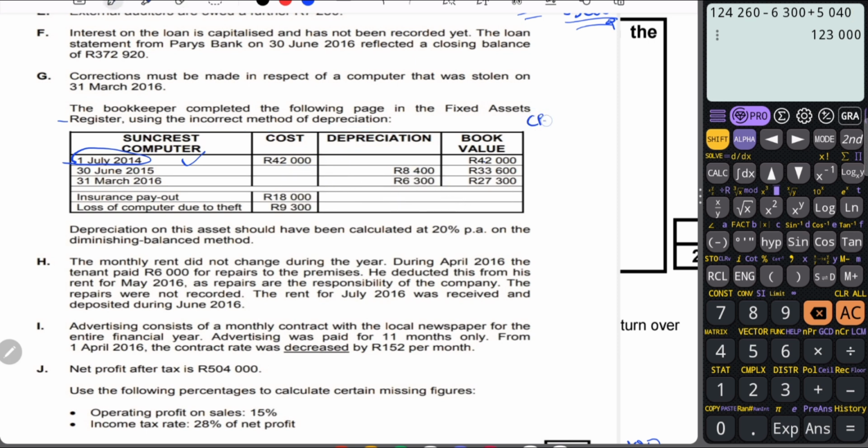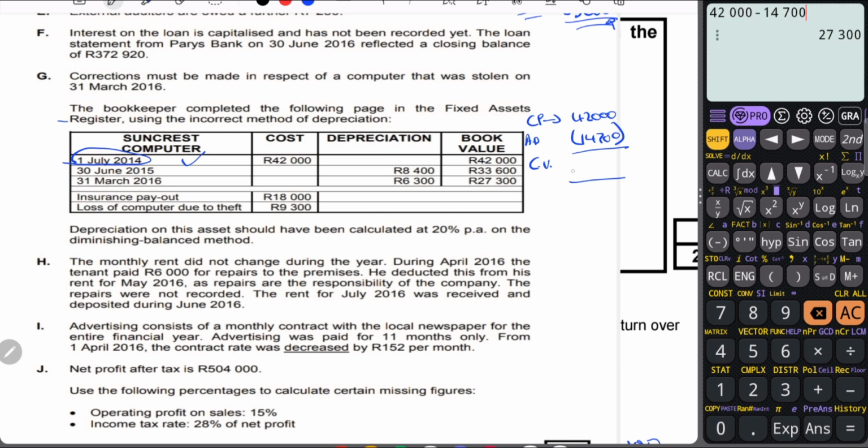They said the cost price, which is 42,000, minus the accumulated depreciation. The accumulated, which means the total depreciation, is going to be 8,400 plus 6,300, and I'm using their amount, which is wrong, 14,700 guys. Then we are going to get the carrying value of how much now? 42,000 minus 14,700.